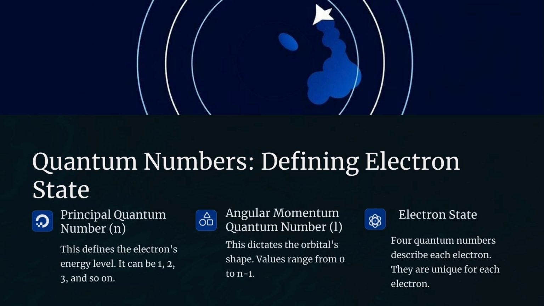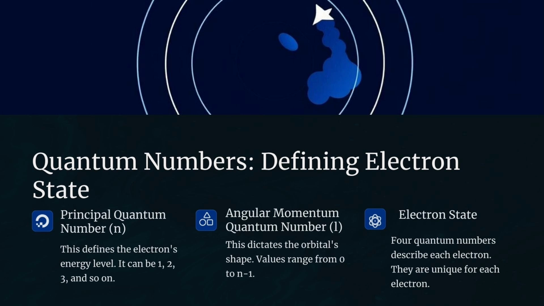In total, four quantum numbers are needed to completely describe the state of a single electron within an atom. These numbers uniquely identify each electron. This is the Pauli exclusion principle: no two electrons can have the same set of four quantum numbers. We've covered two of them, n and l.